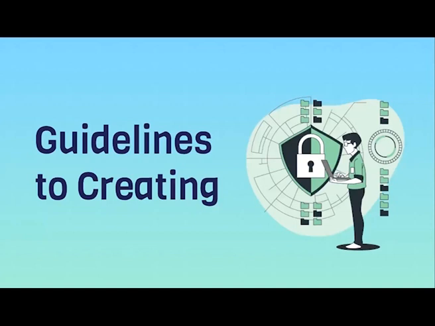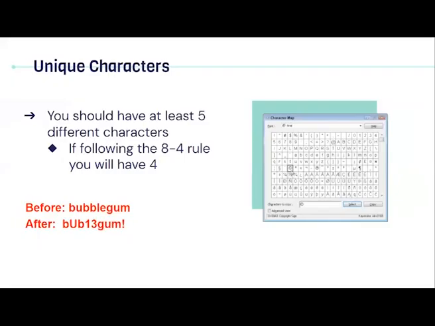Up next are guidelines to creating a strong and secure password. You want to make sure you have unique characters. You should have at least 5 different characters. If following the 8 to 4 rule, you will have 4.